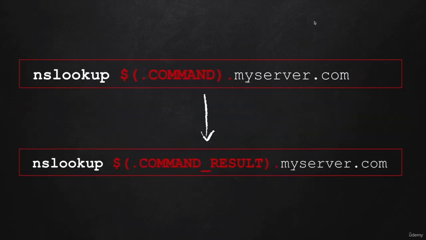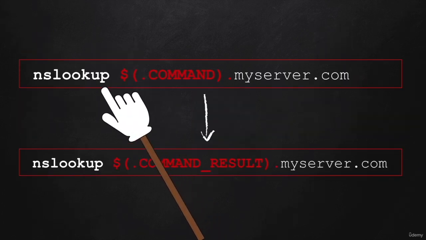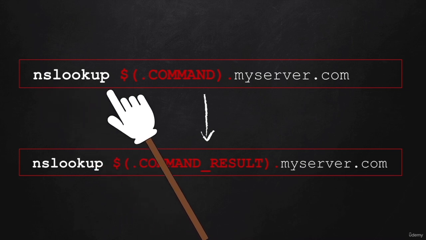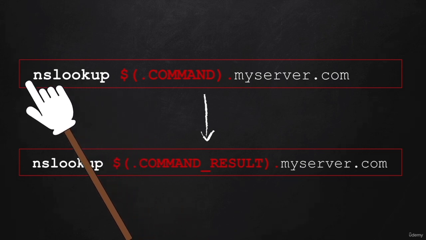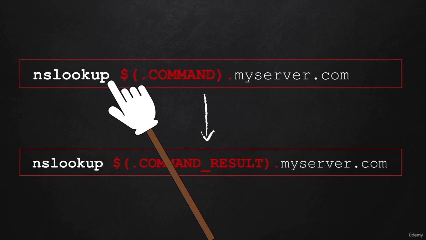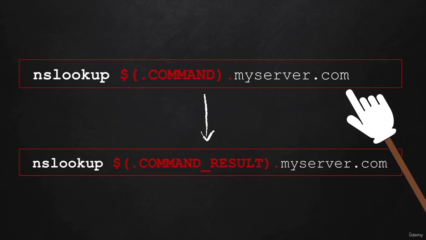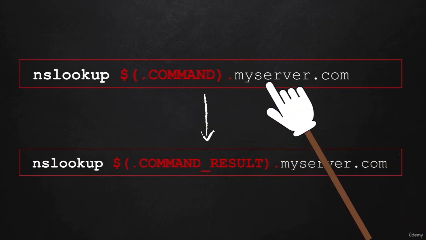And to do that, we can actually use the nslookup command. nslookup is a command that can be used to query DNS records and map the domain name to its IP address. So what we're doing is using nslookup to perform a DNS request to a certain domain, which is the domain of my own server.